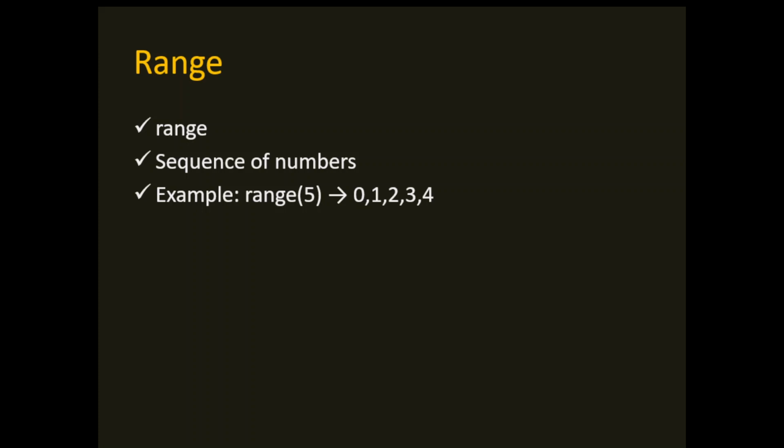When I say range of 5, it will be 0, 1, 2, 3, 4. That means I have 5 numbers starting with 0. So when you say range of n, you will get output till n minus 1.